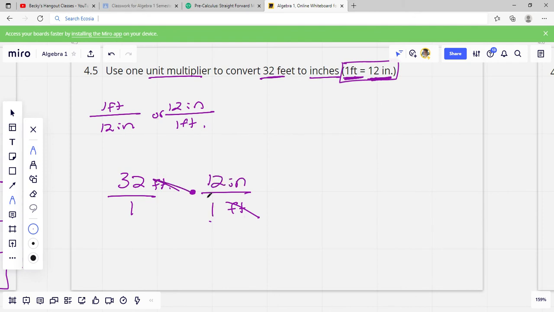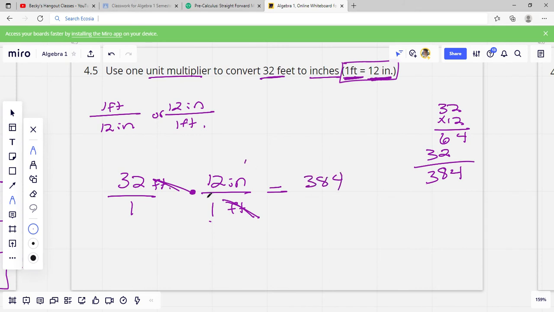So I'm canceling my feet, and now all I have left on the top is 32 times 12. 2 times 2 is 4, 2 times 3 is 6, 1 times 2 is 2, 1 times 3 is 3, add them up, 6, 7, 8, 384.